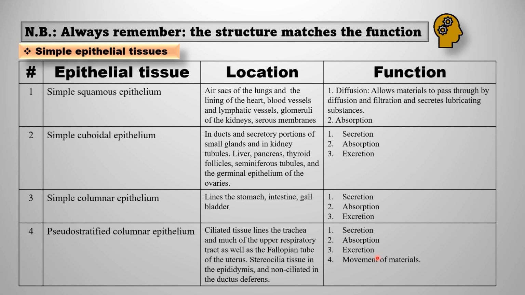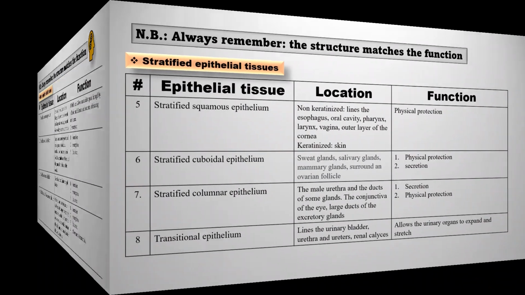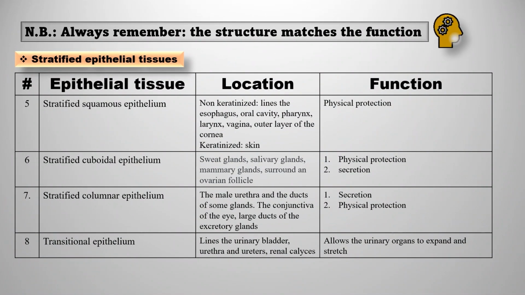So this is the part of the simple epithelial cells. Moving to the stratified epithelial tissue, the stratified squamous epithelium, we can find that as non-keratinized or keratinized stratified squamous epithelium.